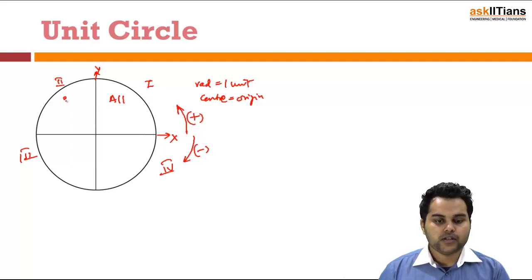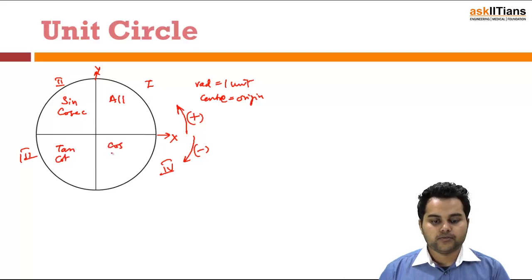In the second, only sine is positive and its reciprocal cosec. In third goes for tan and cot, reciprocal of tan, and in the fourth, that gives me cos and reciprocal of cos, sec. We'll just come to how we define these and why it is so that they are positive in each of the quadrants, and in the first quadrant all of them are positive.